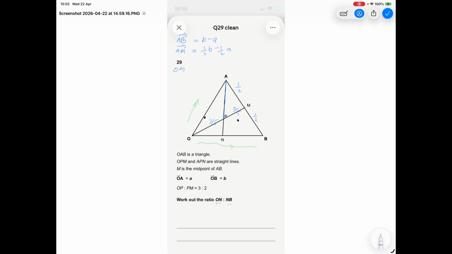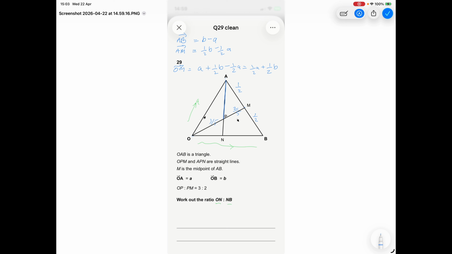OM would equal O to A and A to M, so equals a plus A to M, which is half b minus half a. So OM is going to equal half a plus half b.